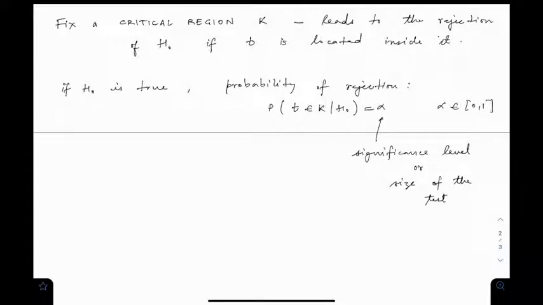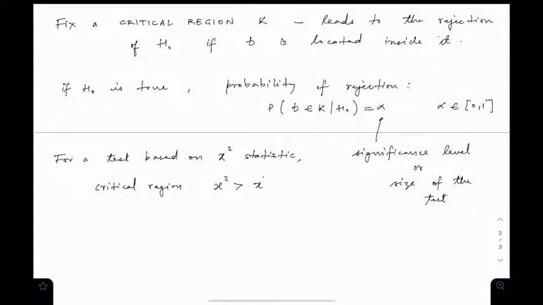For a test based on the chi-square statistic, the critical region is defined as chi-square greater than chi-square max, which is a function of alpha.